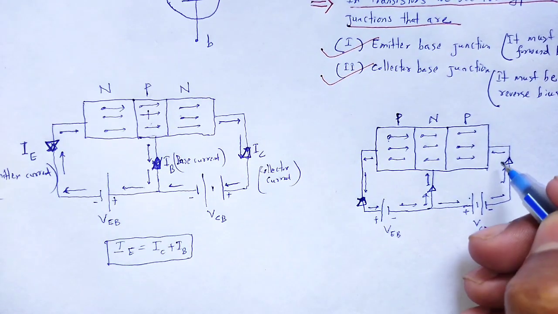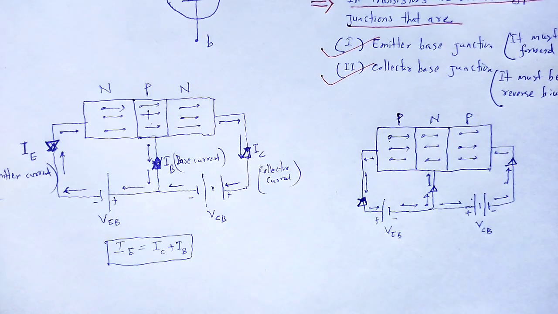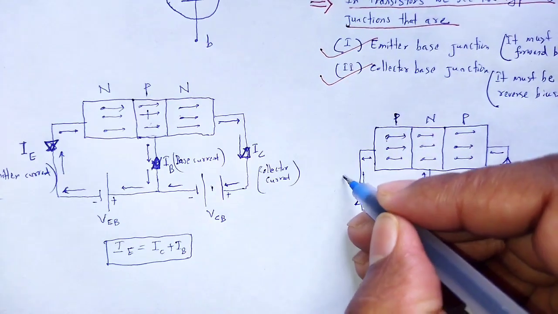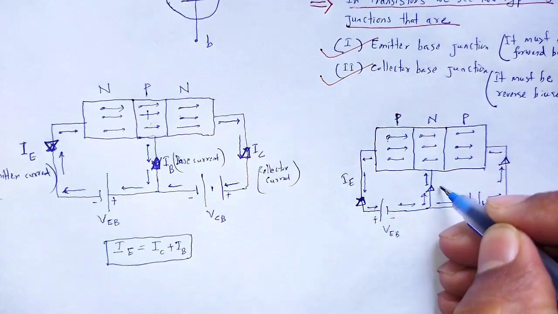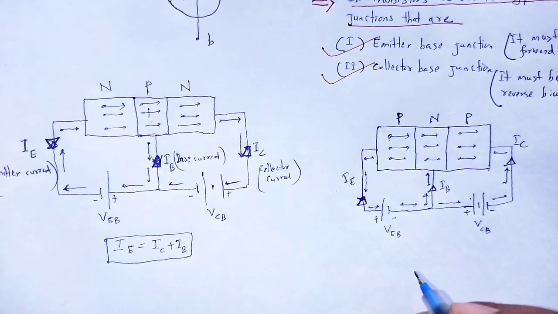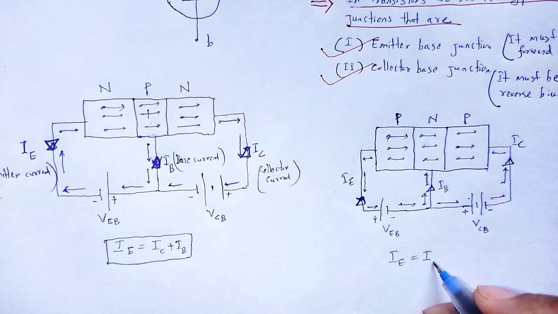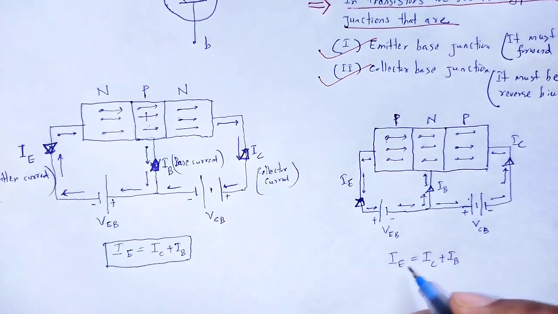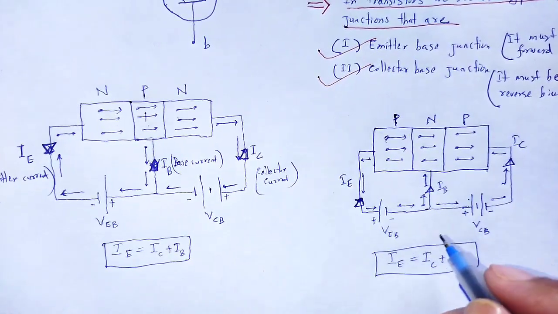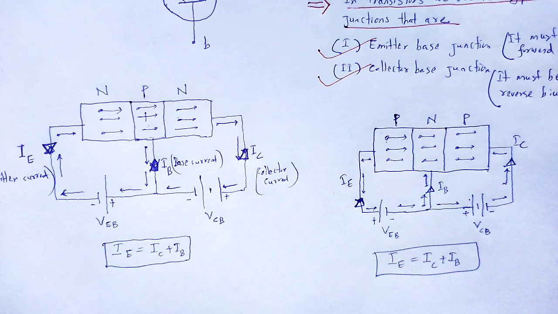That is the direction of flow of electrons, opposite to the direction of flow of conventional current, IE, IB, IC. Similarly, the emitter current is the same as the collector current plus the base current. That is the current flow mechanism in a PNP transistor.